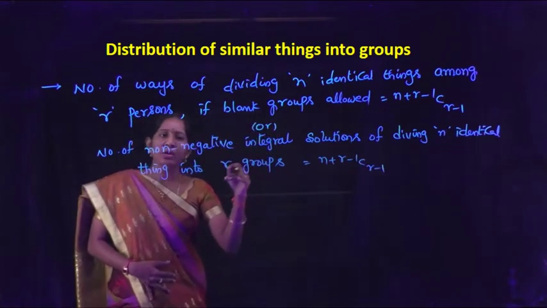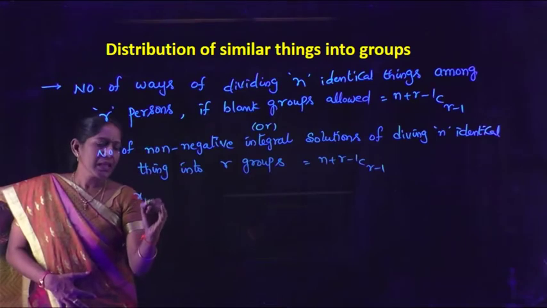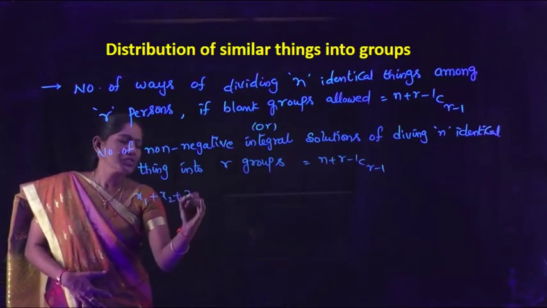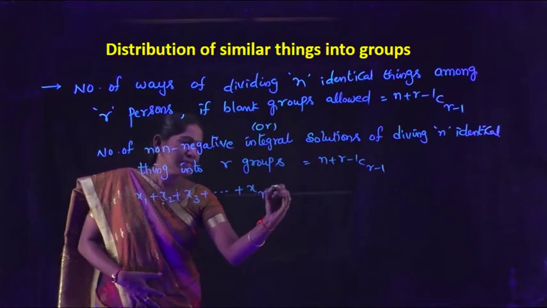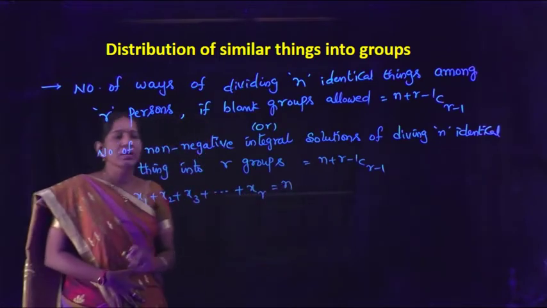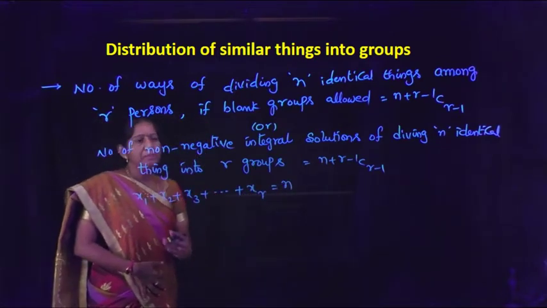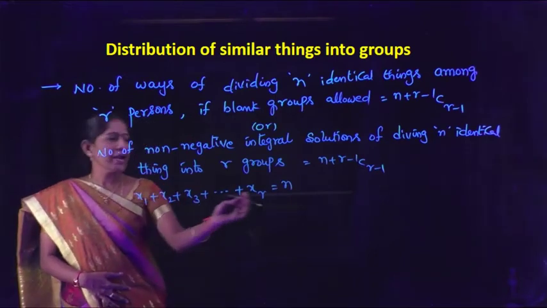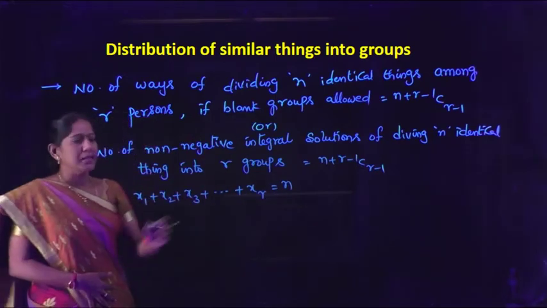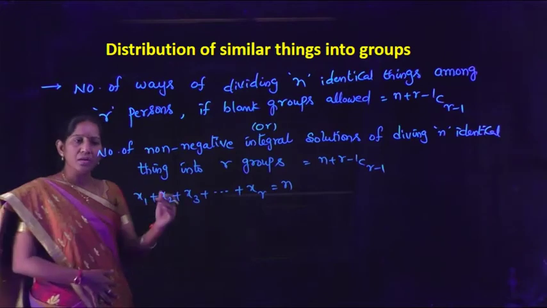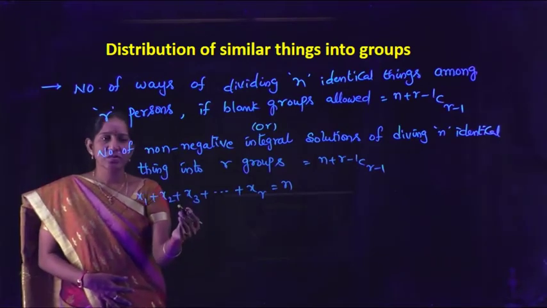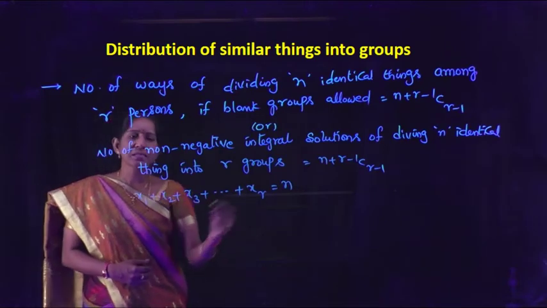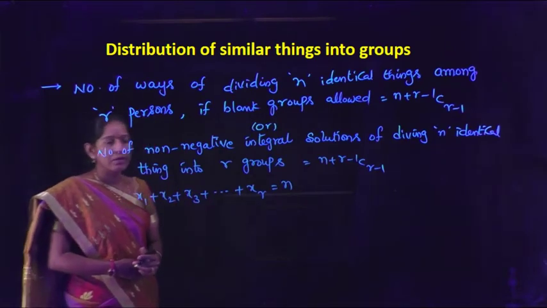This can be denoted by x1 plus x2 plus x3 plus and so on plus xr is equal to n. That means the number of ways of dividing n identical things into r groups is denoted by x1 plus x2 plus x3 plus and so on plus xr equal to n.